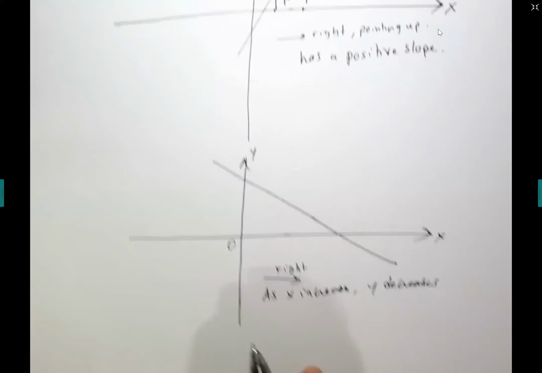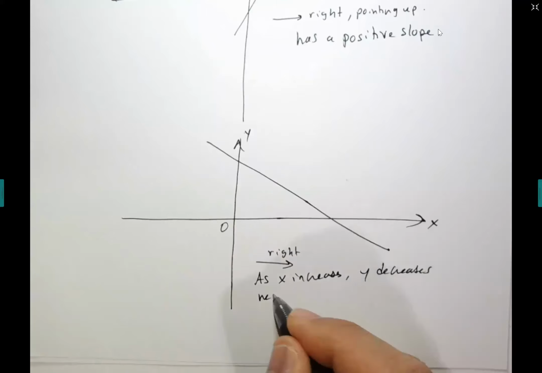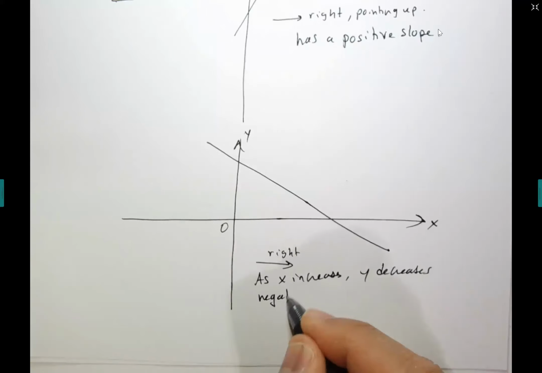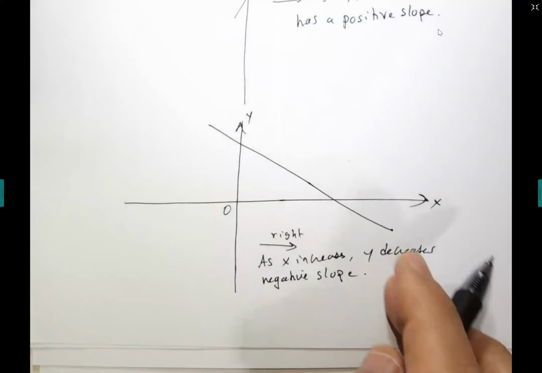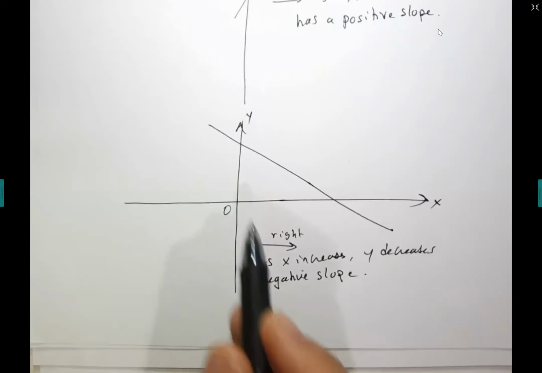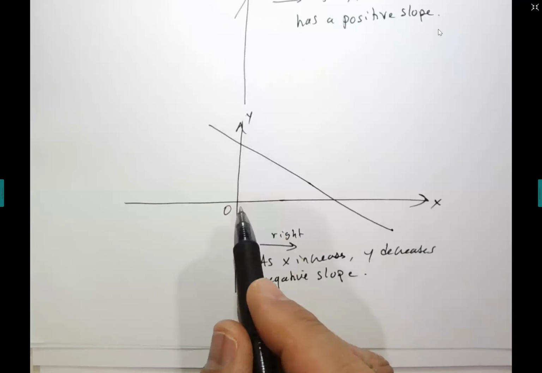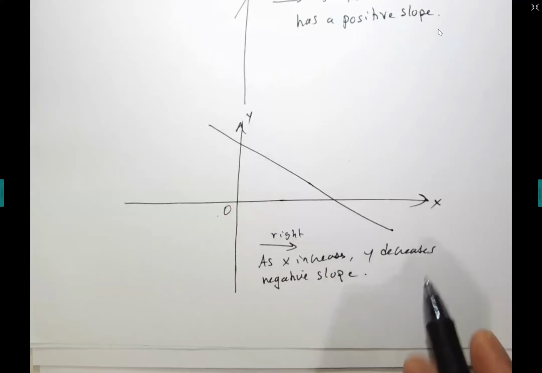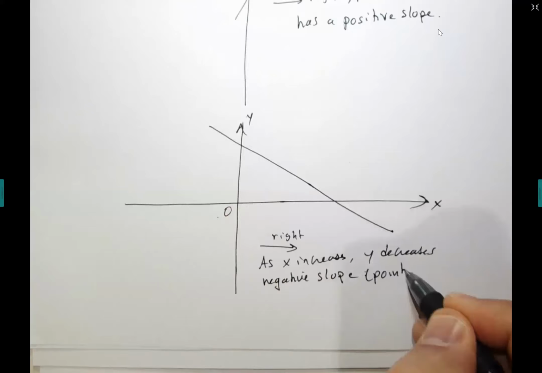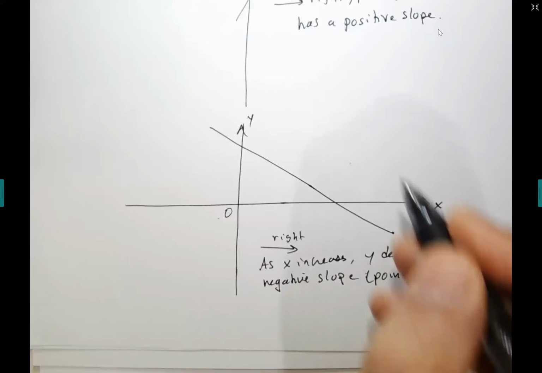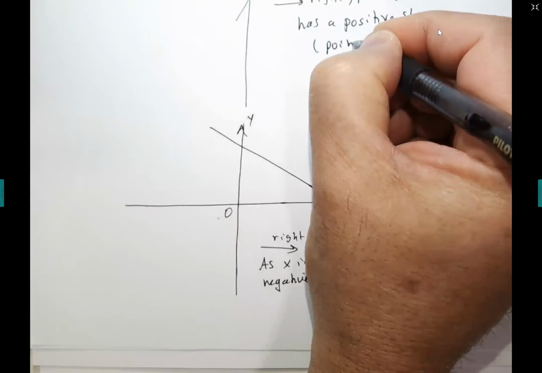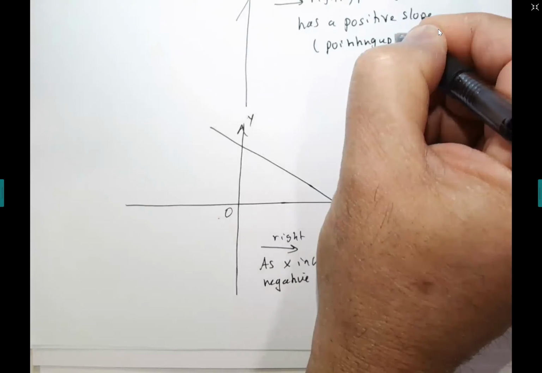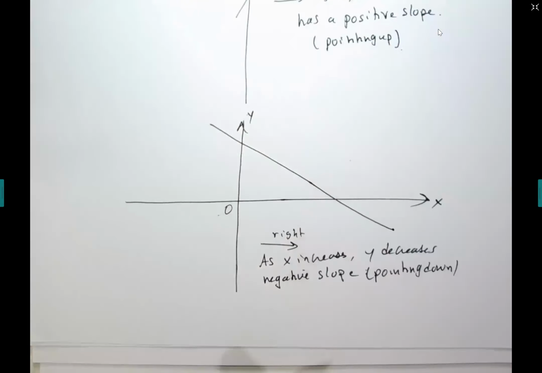Okay, we call this line a line with a negative slope. So there is steepness of this line, but it's negative. So when you see a line, guys, that's going left to right and pointing down, then it is a negative slope. And this is positive slope pointing up. All right. So in order to distinguish between lines, we find their slopes.